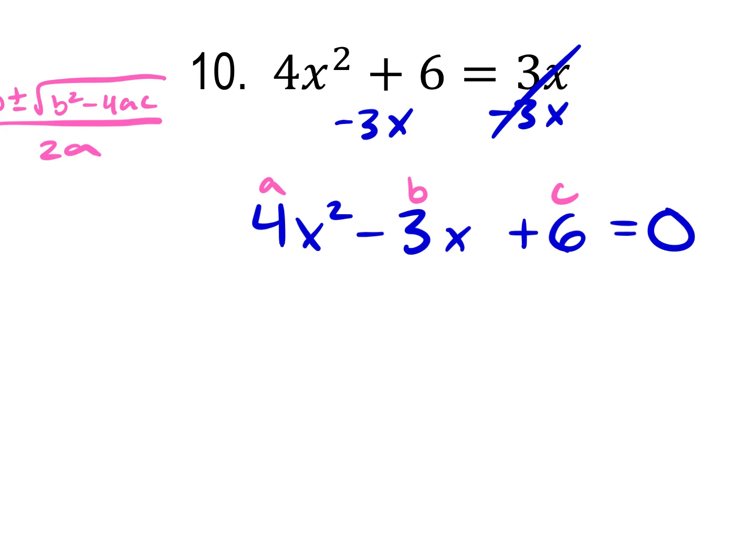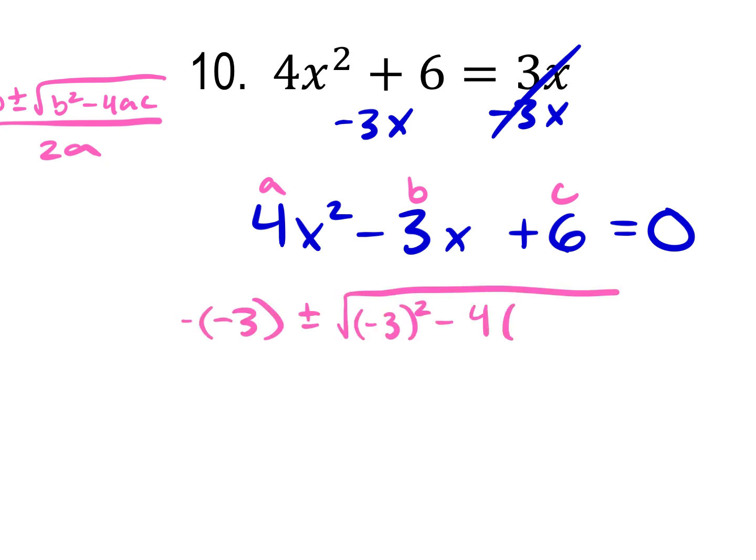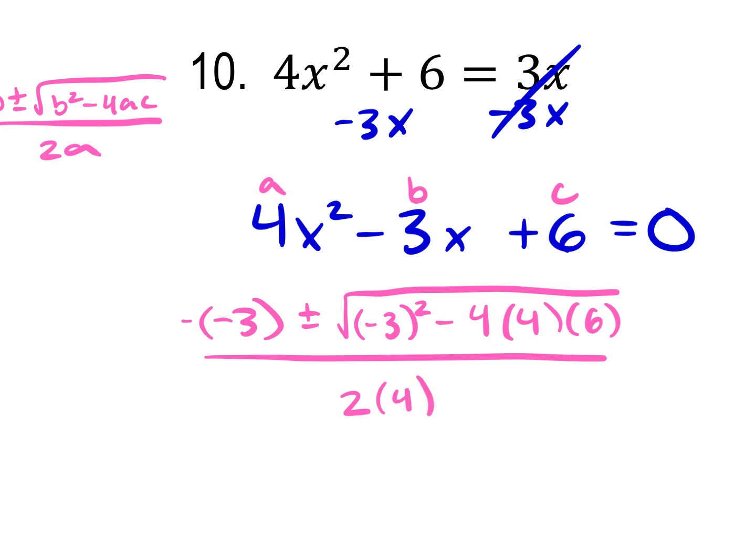So let's plug in. We have negative 3 plus or minus the square root of negative 3 squared minus 4 times 6 over 2 times 4. Be super, super careful when plugging in and when multiplying, especially simplifying under the radical. A lot of people messed up on the last test the signs of multiplying these three together. So a lot of people got questions wrong because they forgot a sign.